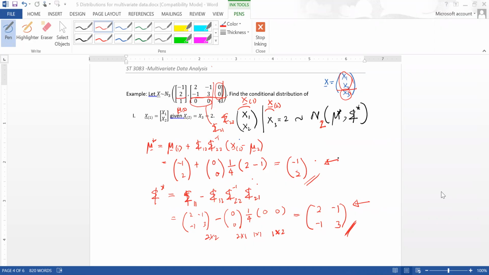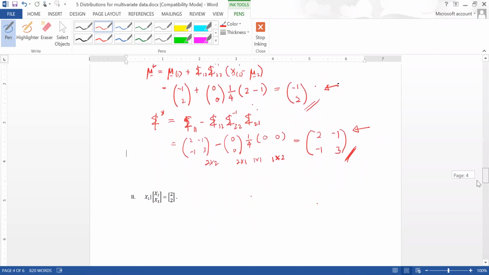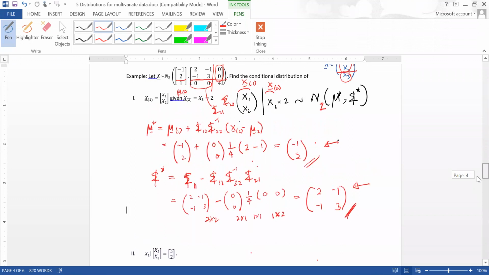If not, can you find the next one? x1 given x2, x3. So x2, x3 is given. Now you have to partition accordingly. So x1 and x2, x3, you have to partition from here like this.